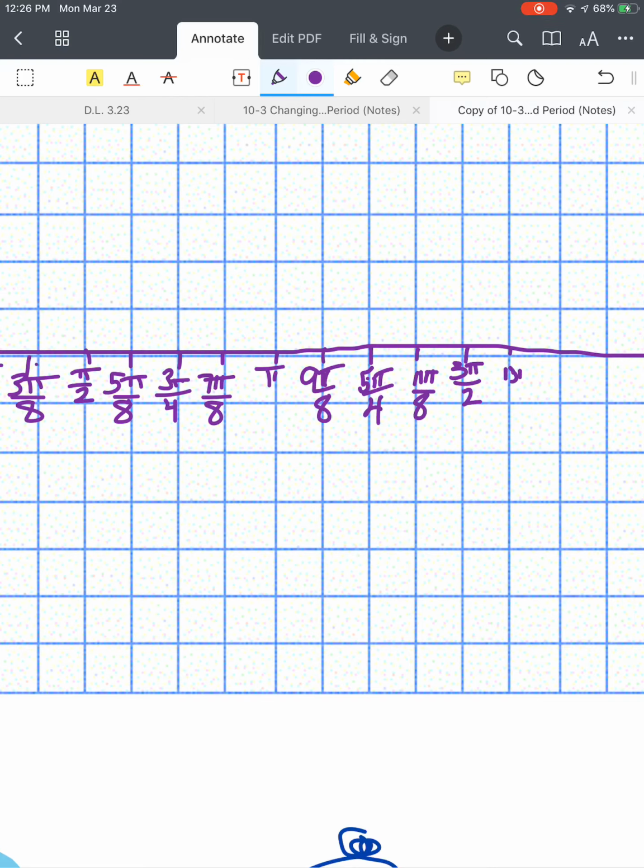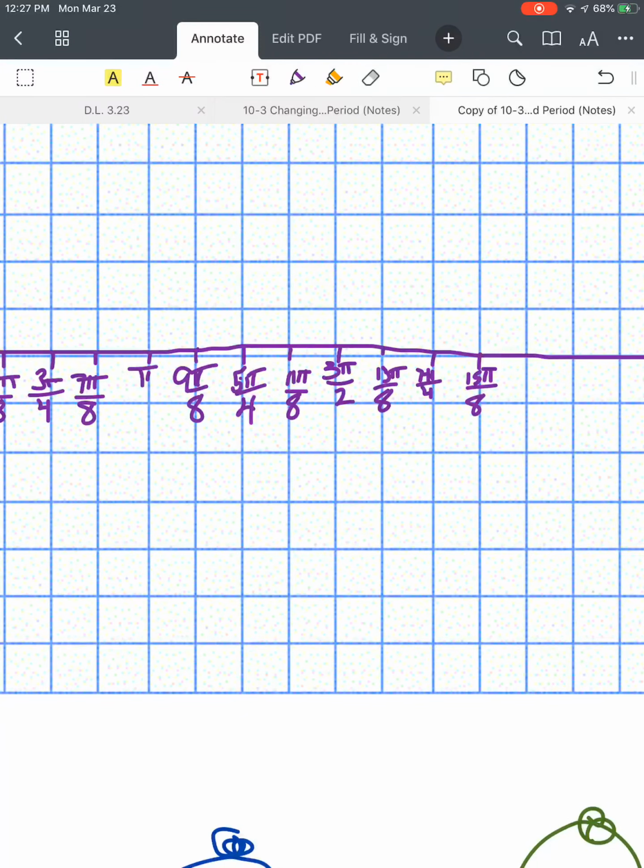Now I have 13 pi over 8. And I have 14 pi over 8. That's 7 pi over 4. Now I have 15 pi over 8. And last but not least, 16 pi over 8, which is 2 pi.